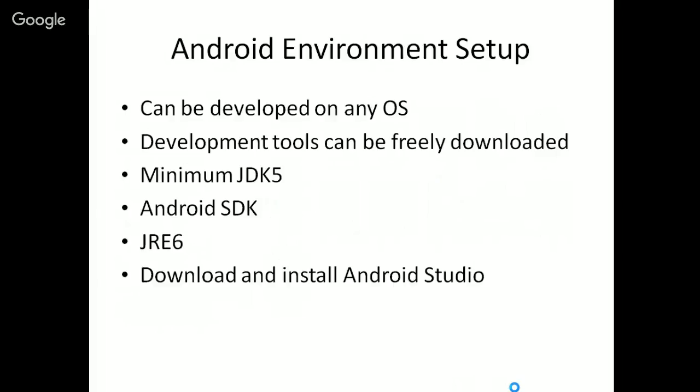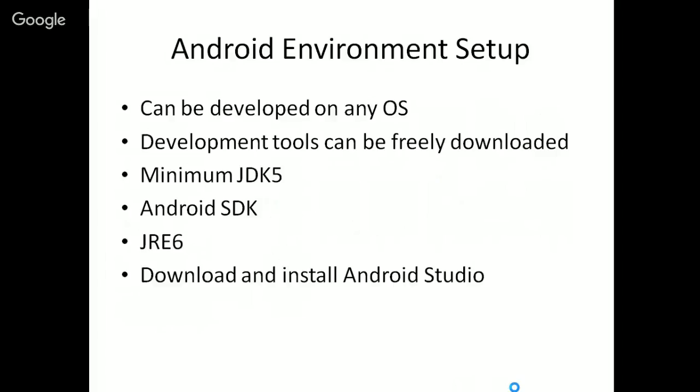In order to develop an Android application, we need to be able to use a JDK version of at least JDK 5. That's the minimum requirement. The Android Software Development Kit is also one of the key needs.